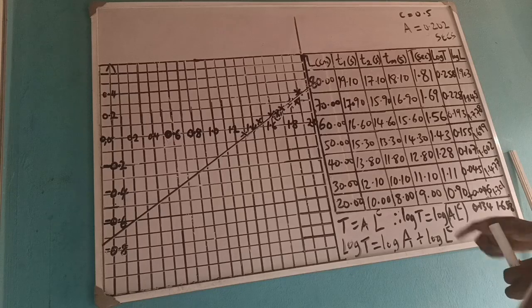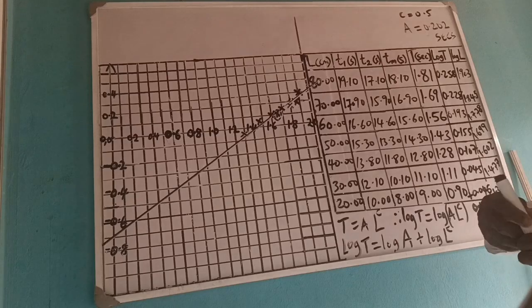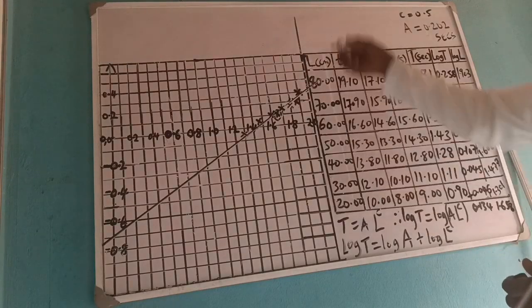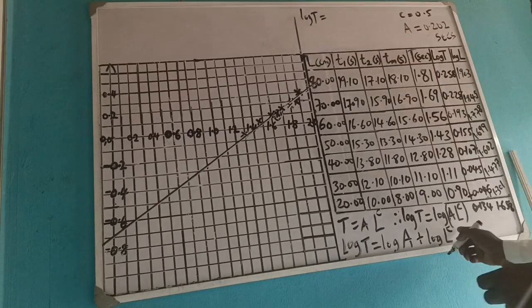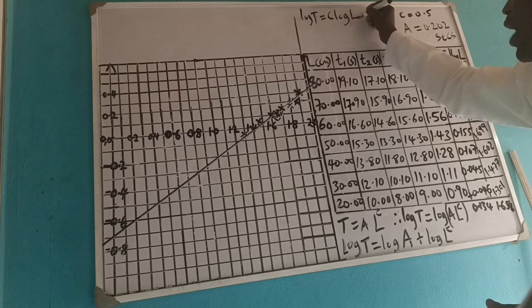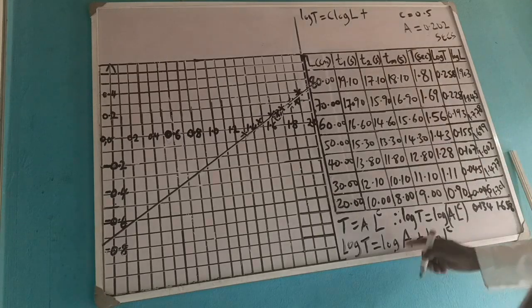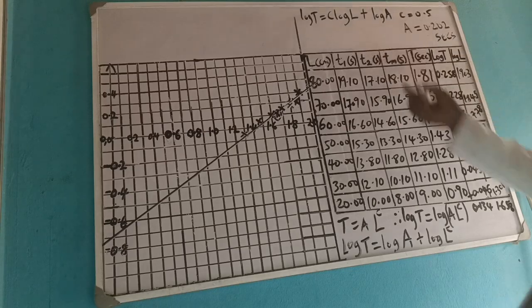And because there is log beside this L raised to power C, this C will come down. And we'll have the equation: log T equals, when C comes down, C log L plus log A. We are just transforming it.